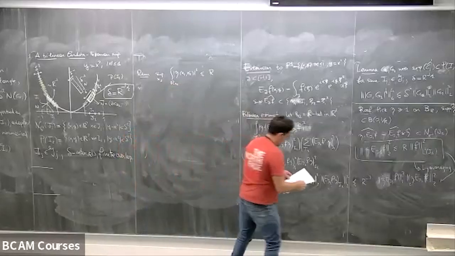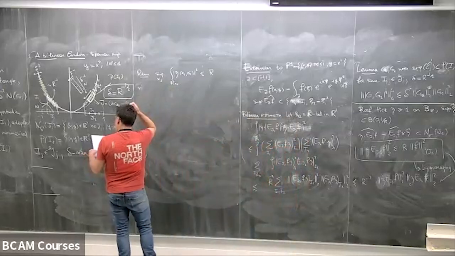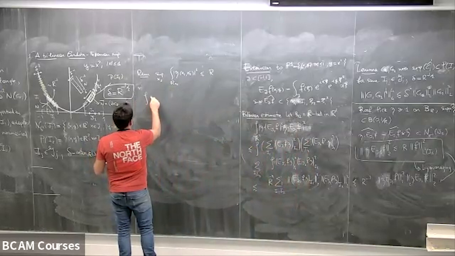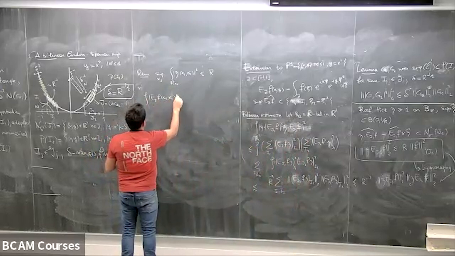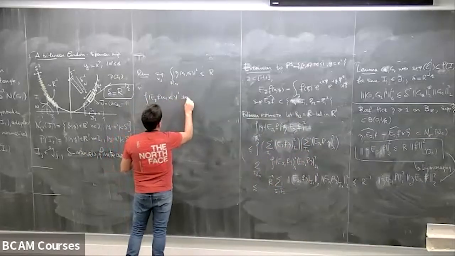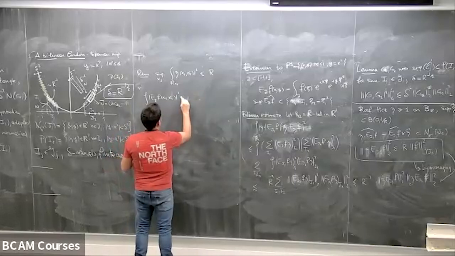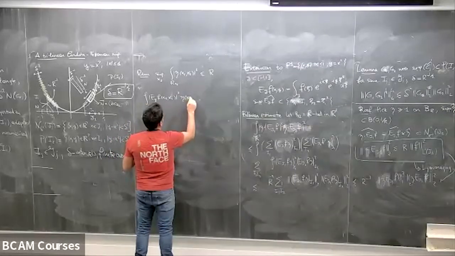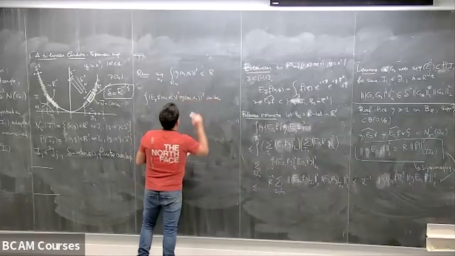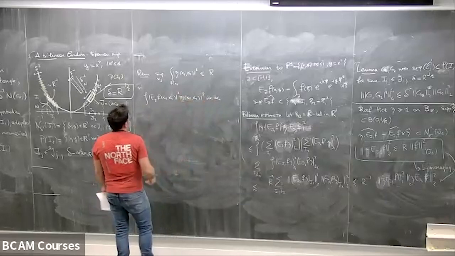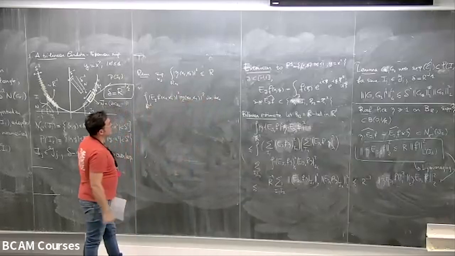Okay, this is not super big. So the norm of this guy, the extension of f, dx1 dx2 times eta, by whatever you prefer.